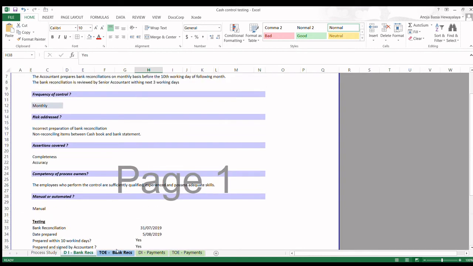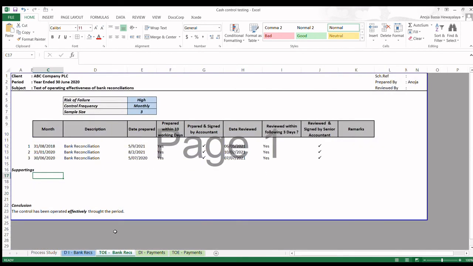Now I'm going to test the operating effectiveness of the control, and for this I have taken 3 samples covering the whole year. Control frequency is monthly, and risk of failure I have assessed as high, based on professional judgment, and I have taken sample size as 3.